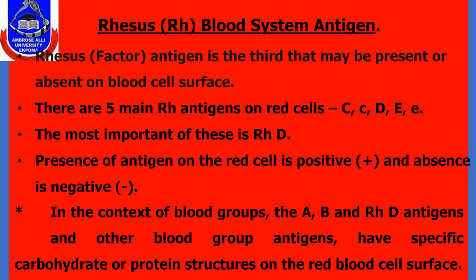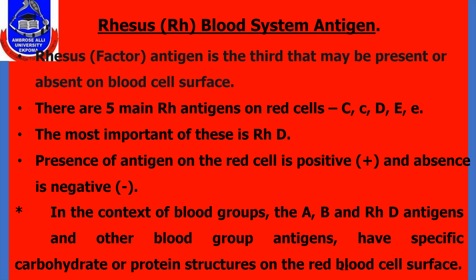Next is Rhesus blood system antigen. The Rhesus antigen is the third type that may be present or absent on blood cell surface. There are 5 main Rhesus antigens on red cell surfaces.